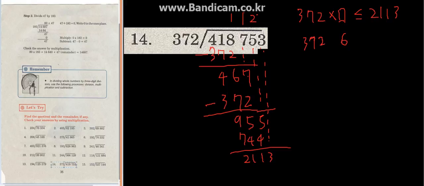So 372 multiplied by 6 is going to be 2,232, right? I think that's right. 18, 42, 12. Yep, that's right.